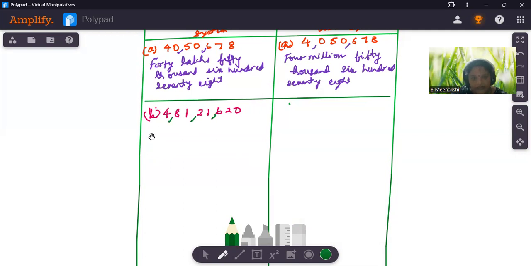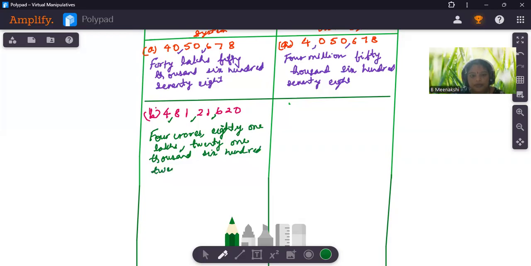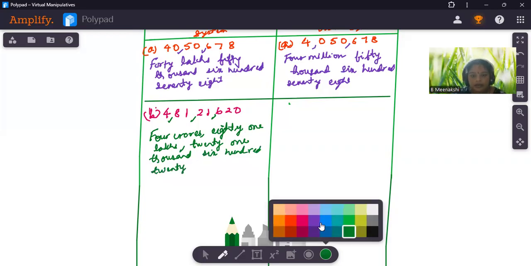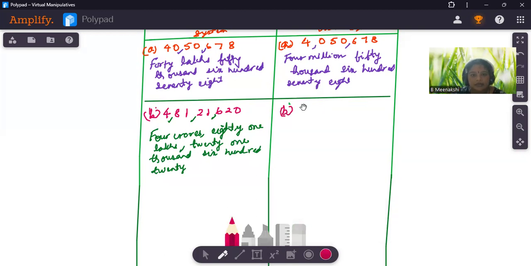Now we have it as 4 crores, 81 lakhs, 21,620. Now the same in the B part, 48121620. We have to separate this, so let us separate it.